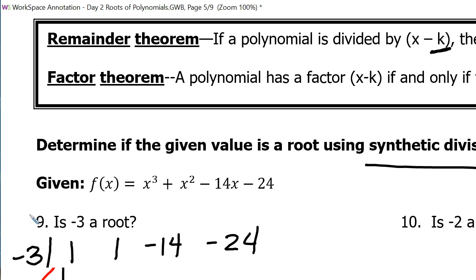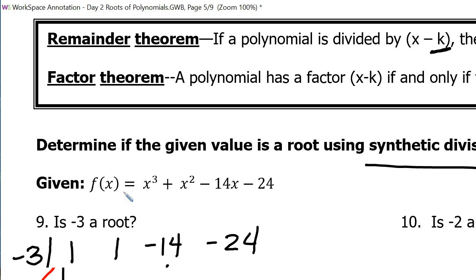Okay, so the leading coefficient is dropped down. Now, outside numbers get multiplied. So it's negative 3 times 1. That answer goes right here in the next hole. Now, we combine these together with addition. So what's 1 plus negative 3? Combining those, we get negative 2. Outside numbers get multiplied. So it's negative 3 times negative 2, positive 6.